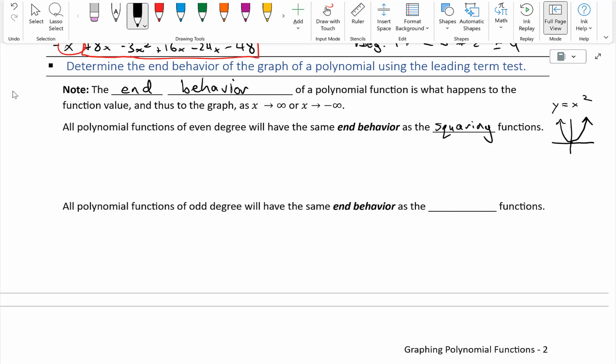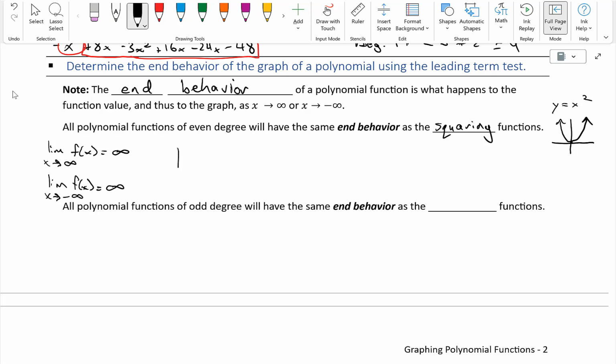And so we can say a couple other things with that. We can use that limit notation that we've seen a couple times now to say the limit as x approaches infinity, so as we go all the way out to the right on our number line, of our function is also infinity. And the limit as x approaches negative infinity of f of x, we'll say is infinity for this one.